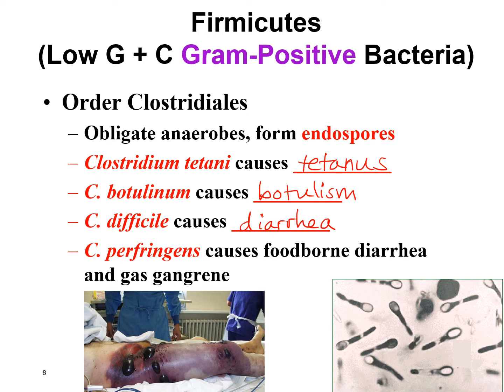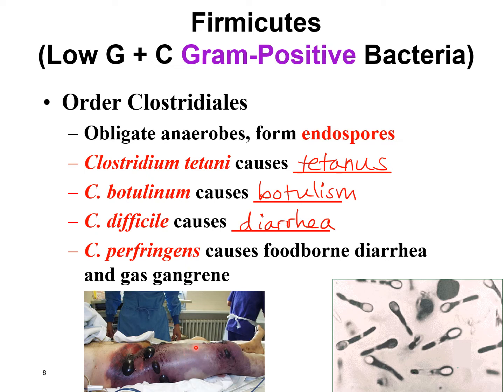And then if it gets into a wound, so you can look at this really ugly leg on this patient, and what happened is this patient had a wound, the Clostridium perfringens got into the wound, and when you have a wound and there's not a good blood supply because of the damage, that's a great place for Clostridium to start growing because there's no oxygen.